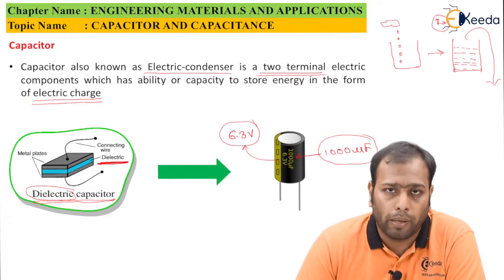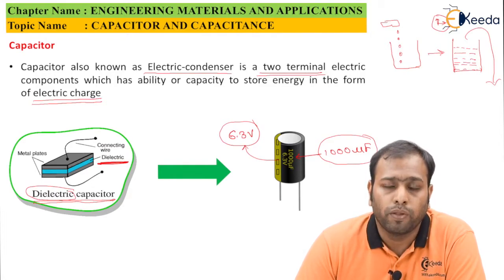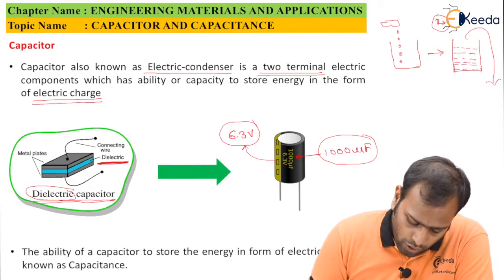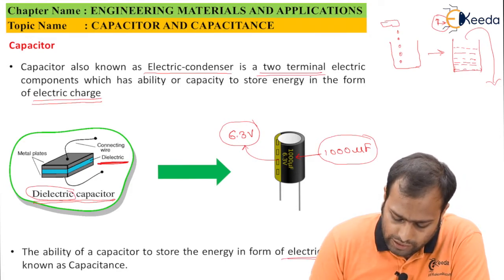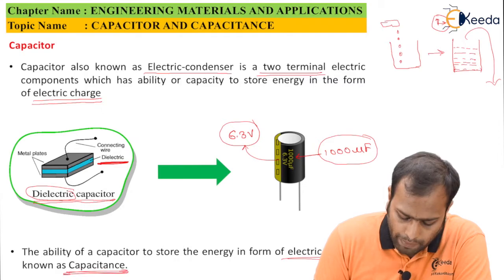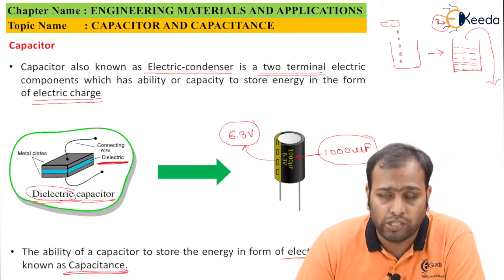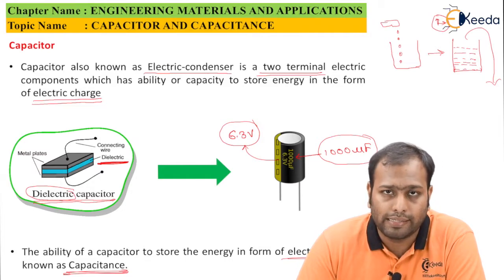And if you want to do a continuous flash again, it would take some time for the capacitor in it to charge from the battery and then give you a shot. So this is how a capacitor works. The ability of a capacitor to store energy in the form of electric charge is known as its capacitance. So capacitance is nothing but the amount of charge or the energy that a capacitor can store in itself.